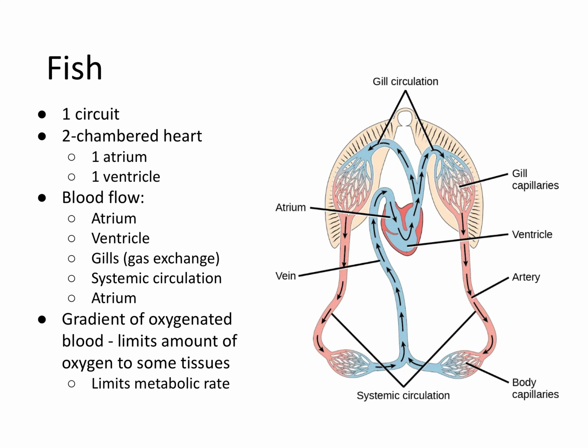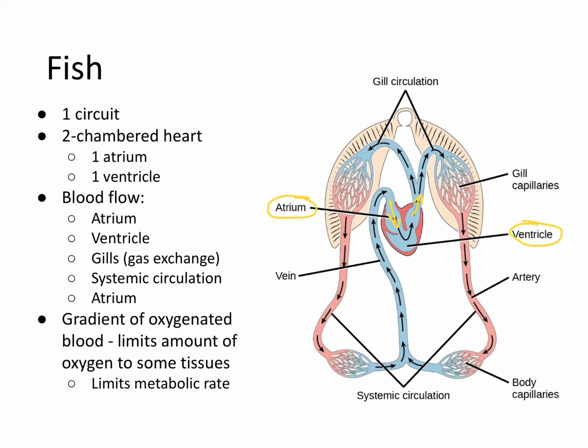So let's start by looking at the circulatory system of a fish. And so fish are known to have one circuit. So essentially blood comes into the heart in one direction and leaves the heart in one direction. They have a two-chambered heart, so they have one atrium and one ventricle.